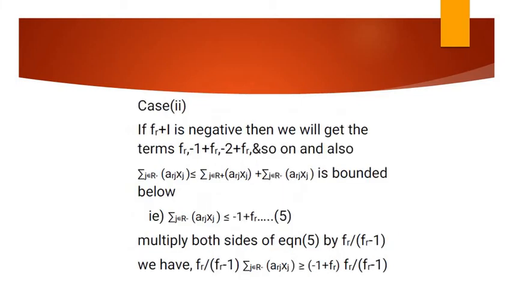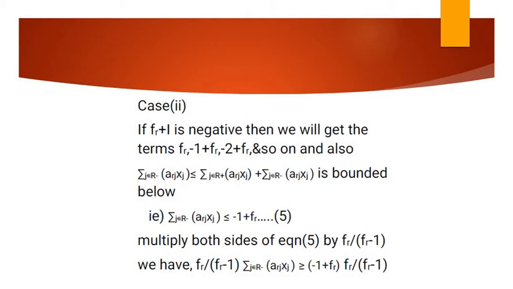which is great. Suppose in case 2 I take fr plus I is negative, then we will get the terms fr minus 1 plus fr, minus 2 plus fr and so on, and therefore summation arj xj when j belongs to r minus is always less than or equal to sigma arj xj when j belongs to r plus sigma arj xj when j belongs to r minus, which is bounded above, that is sigma arj xj when j belongs to r minus is less than or equal to minus 1 plus fr.